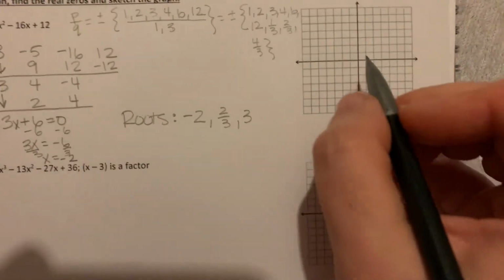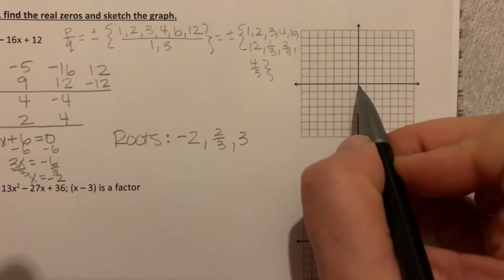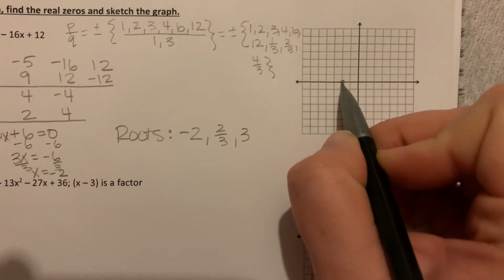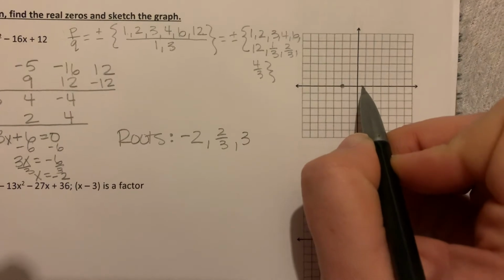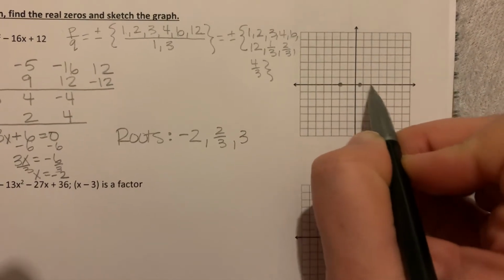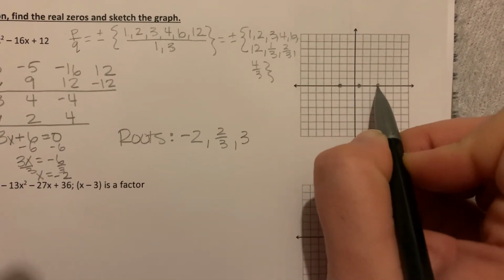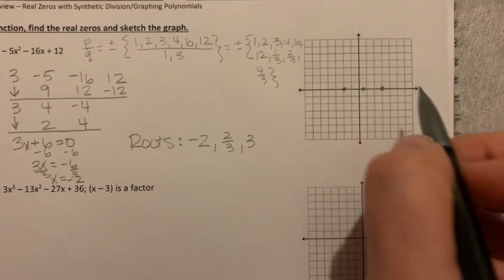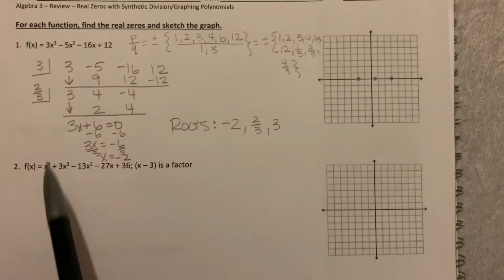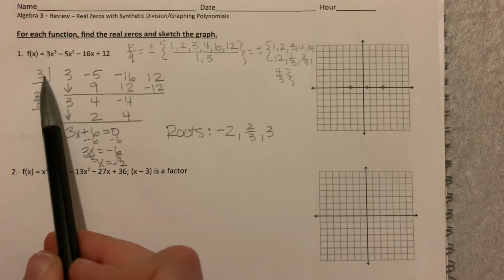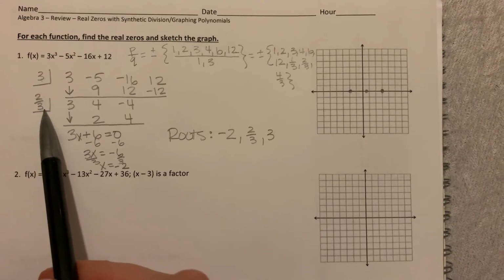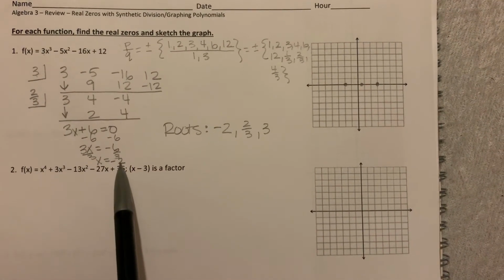Okay, that means on my graph, I will put points at -2, 2/3, you can kind of guesstimate there, and then 3. Okay, the multiplicity for these are all 1. I only had 3 one time, 2/3 one time, and -2 one time.